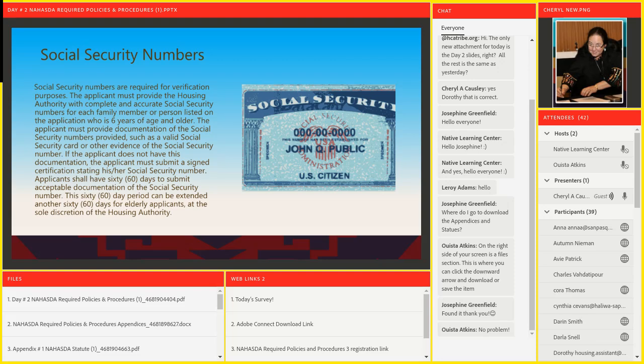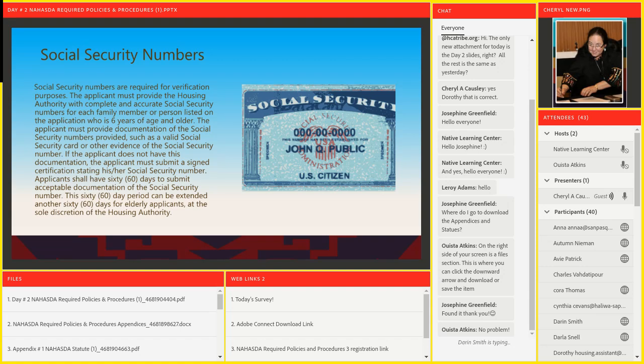So your social security numbers are required for verification purposes. Your applicants must provide the housing authority with a complete and accurate social security number for each member of the persons listed on the application who's over the age of 6. The applicant must provide documentation of that social security number, such as a valid card or other evidence of a social security number.